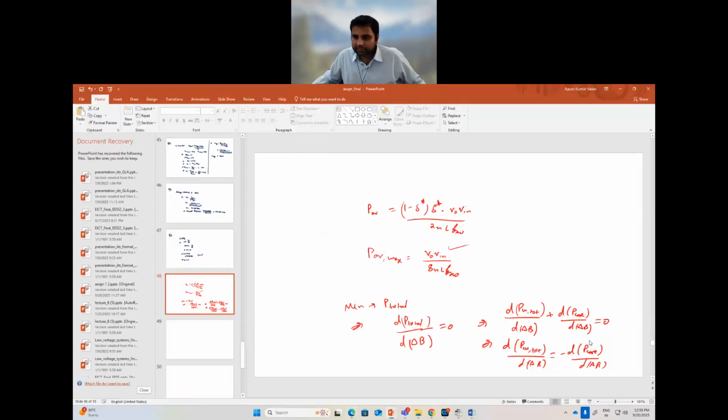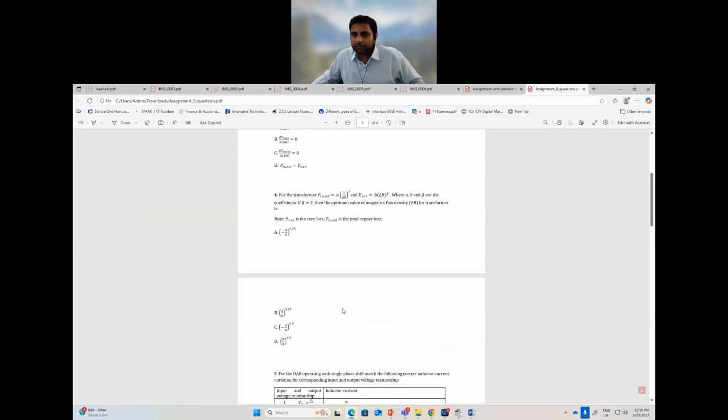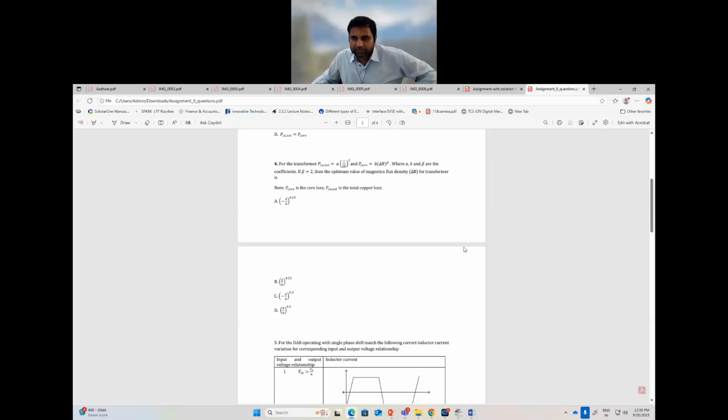Using this expression you can easily solve this problem and get the relationship, or the optimum value of delta B. It is a straightforward question, because you will get it in terms of delta B, you rearrange them and you can get delta B accordingly.